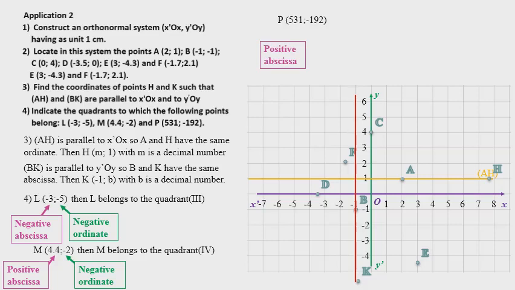If we have big numbers like that, of course we don't try to locate this point in the orthogonal system. We can use the other rule: it has positive abscissa and a negative ordinate, and these are the conditions of quadrant number 4. So immediately we can say that P belongs to quadrant number 4.